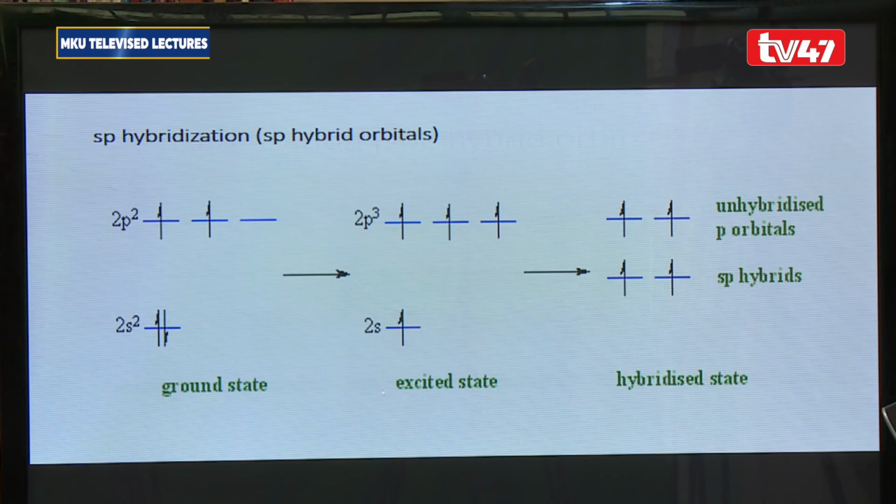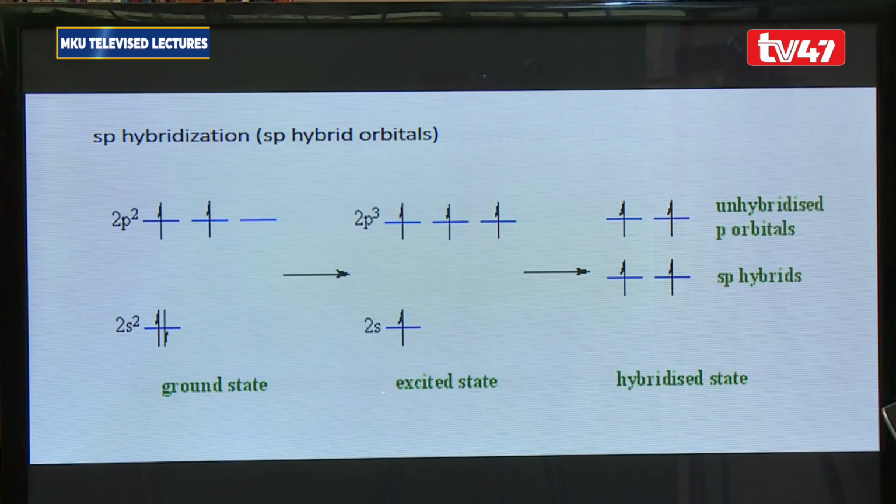Now we go to the third and the last type of hybridization, and that is sp, or what can simply be referred to as an sp hybrid orbital. In that kind of hybridization, again, the ground state is similar because we are dealing with carbon.